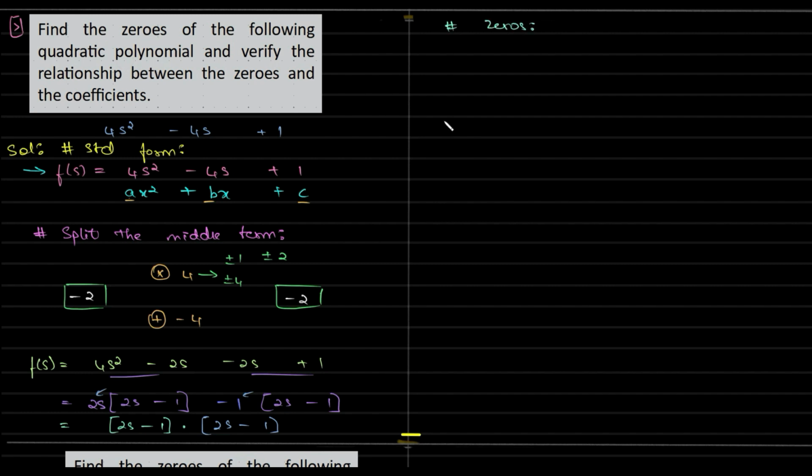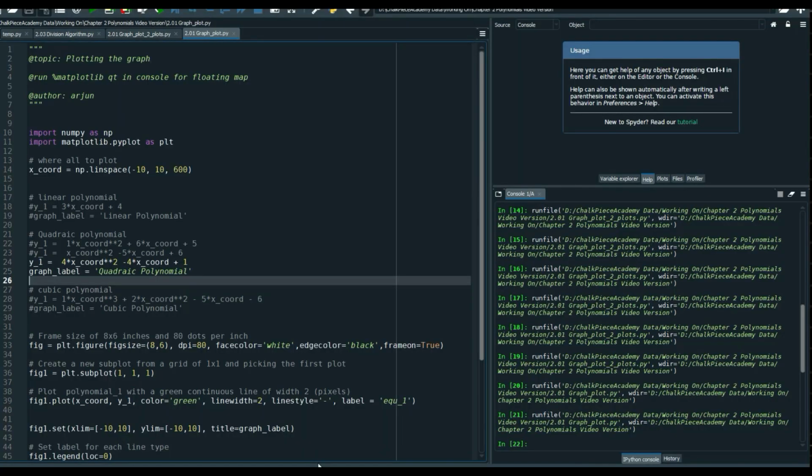For that I need to take each expression, equate it to 0 and rearrange, and you will get back half. Since both are the same expression, we can tell that alpha is equal to half while beta is also equal to half.